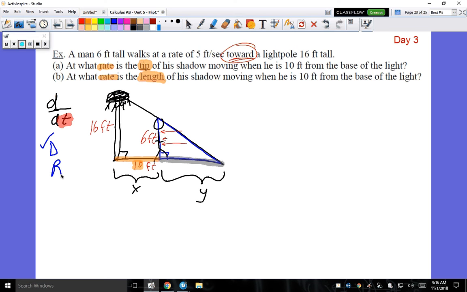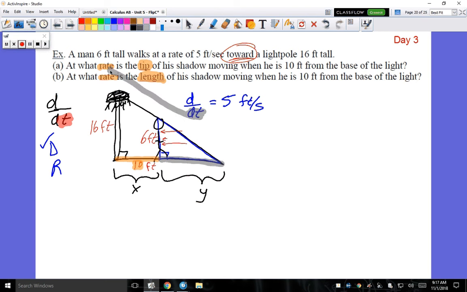Go ahead. At a rate of 5 feet per second. Okay. So 5 feet per second is a rate. And these rates are going to be these something dt.